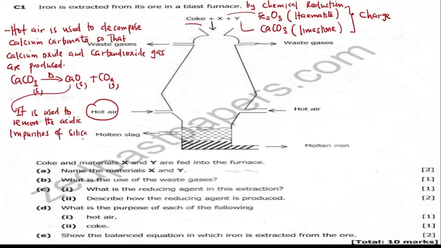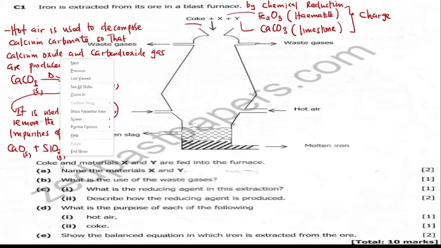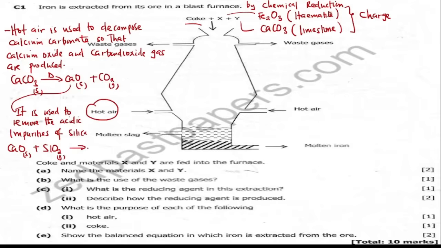Okay, so when calcium oxide combines with the silica, we're going to have molten slag, which is calcium silicate. Okay, molten slag.